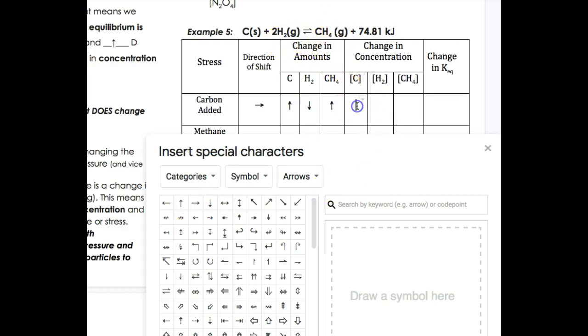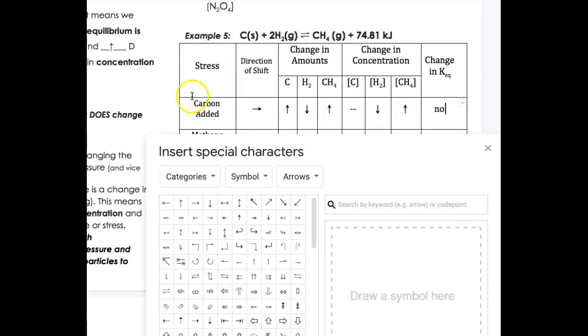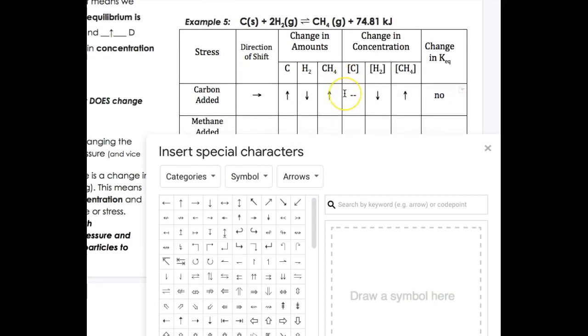Carbon's concentration is not going to change at all because it's a solid. Because H2 goes down, its concentration is going to go down, and methane's amount went up and it's a gas, so its concentration will also go up. And the K is unaffected by a change in concentration. So the K value is not affected at all.